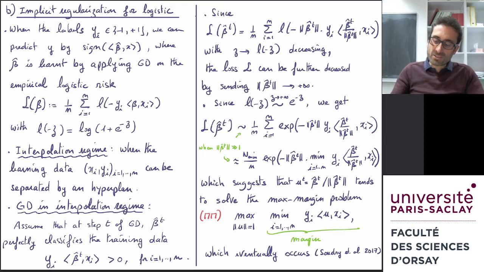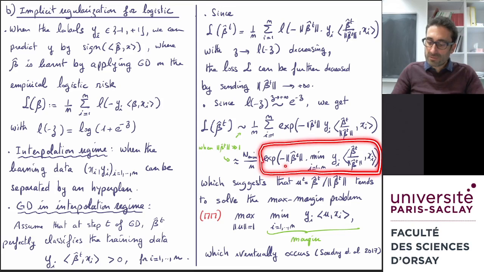So essentially, when you do your minimization, you will only keep the term for which this is minimum. So you will have the exponential of your term that goes to infinity and the minimum of these terms here.